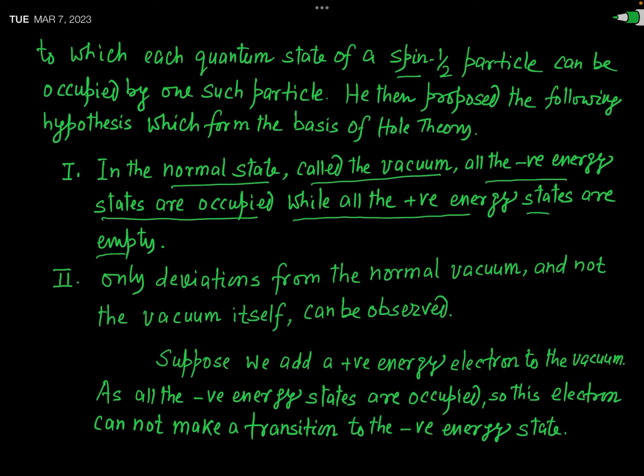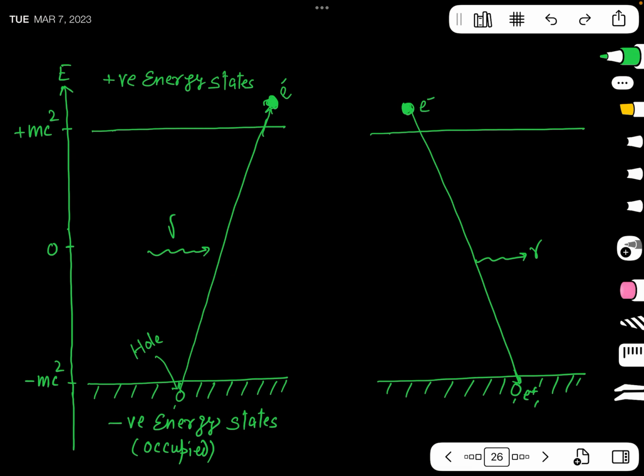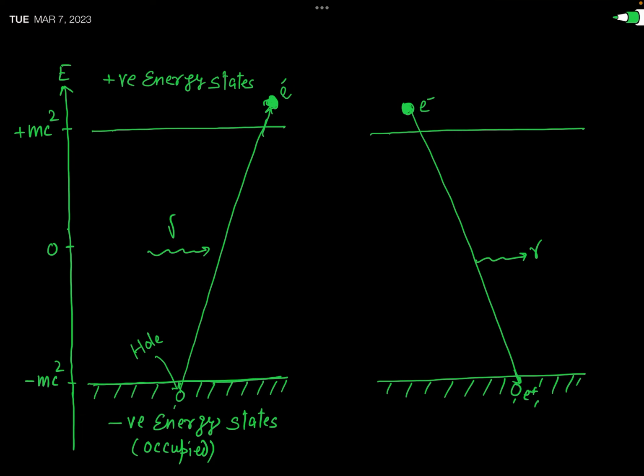Okay. You can see this diagram where I have shown that this is the negative energy state marked by the energy of electron equal to minus mc square. How can you say that this energy state will be minus mc square? Actually, as I have written earlier, E is equal to plus minus root over p square c square plus m square c to the power 4. Now, if we consider that our electron is at rest, then this p will be equal to 0.